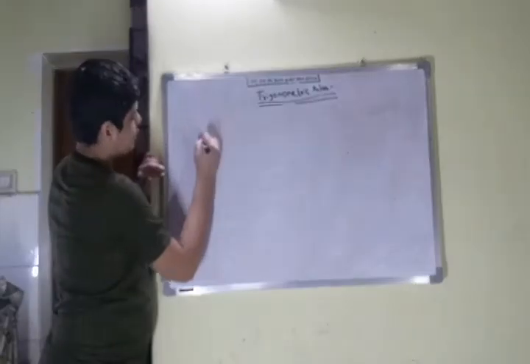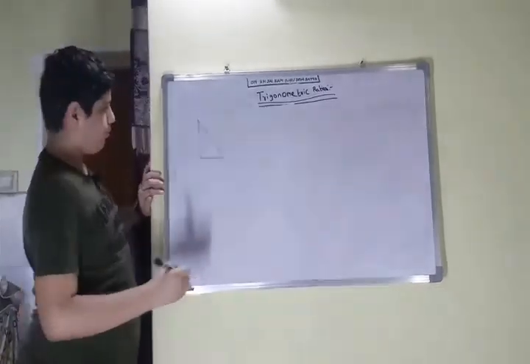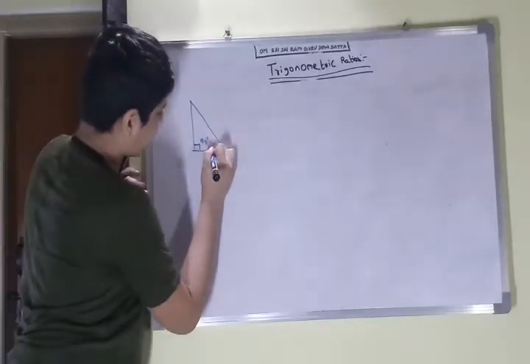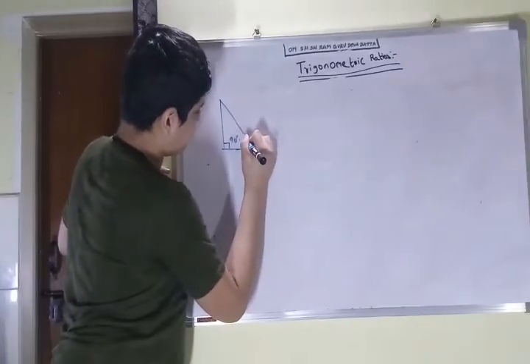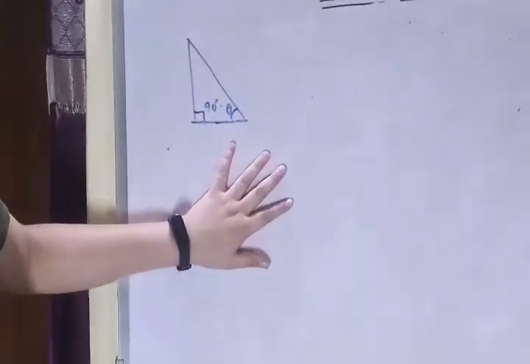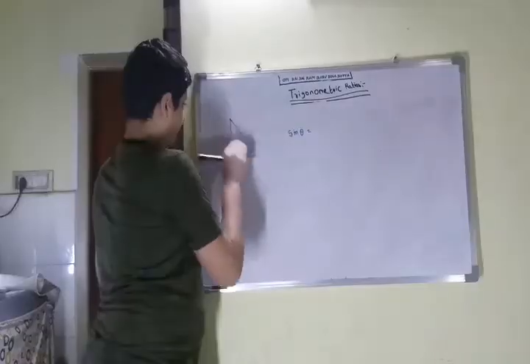Let this be a triangle, a right angle triangle with 90 degrees. Now let this angle be theta. Theta is just like A or B as alphabets in English; this is a Greek letter.